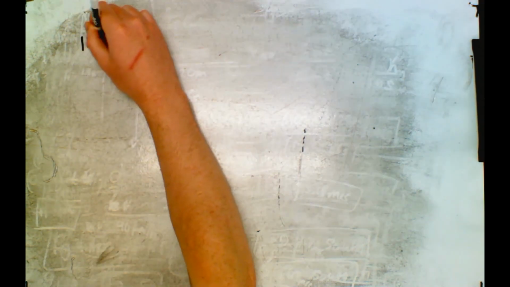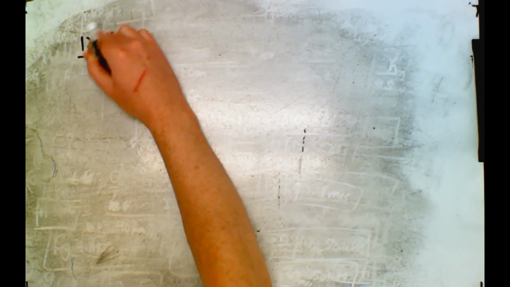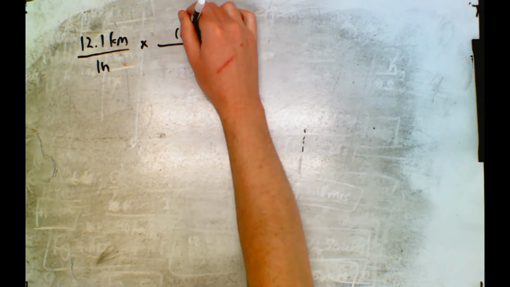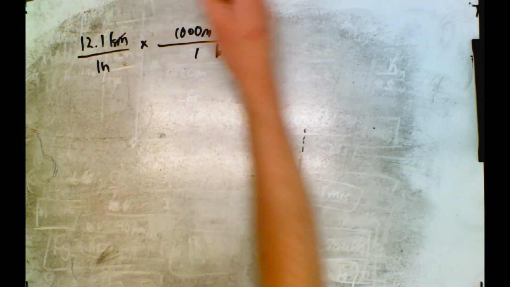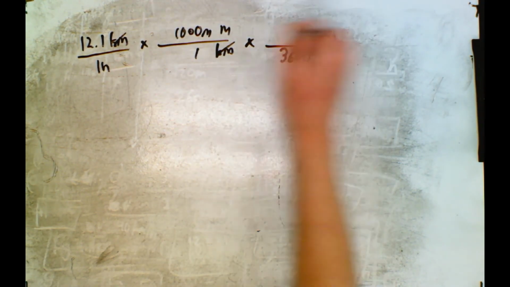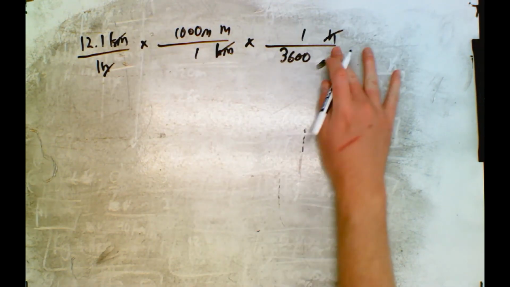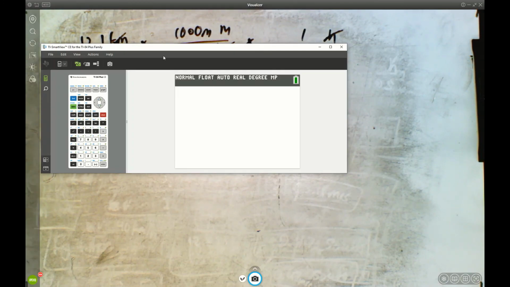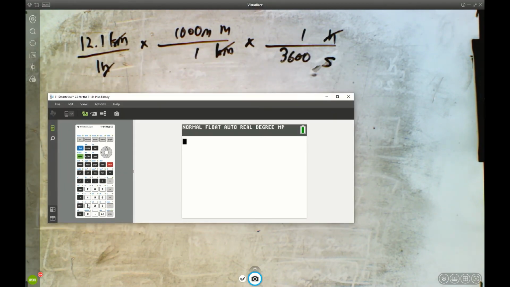So if I go 12.1 kilometers per 1 hour, and kilometers into meters, 1,000 meters in 1 kilometer, and hours into seconds, 3,600 seconds in 1 hour, I can find out my answer in meters per second. 12.1 times 1,000 divided by 3,600, and I get that as my speed.